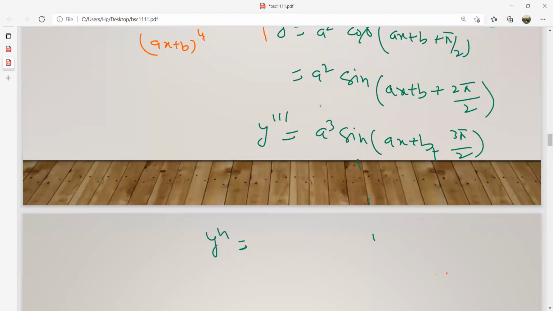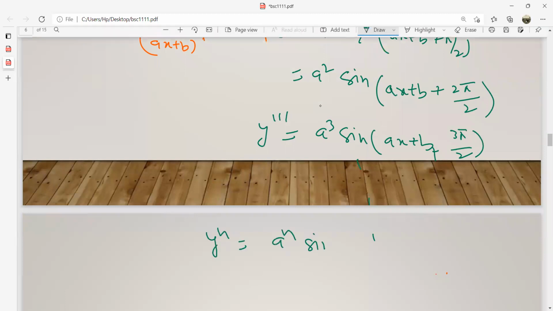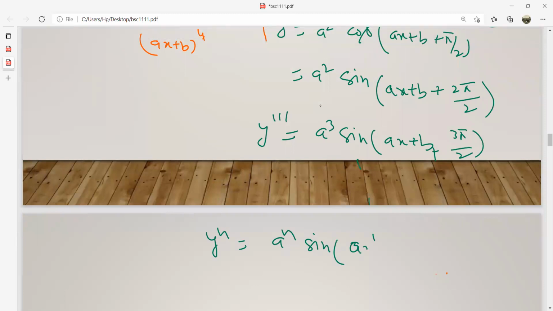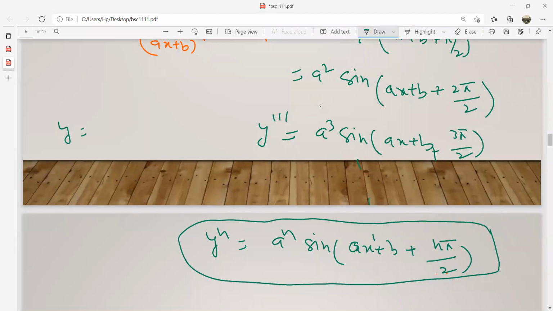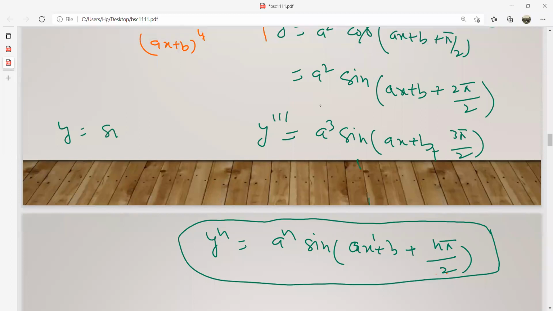Simply yn means a to the power n sine of ax plus b plus n pi by 2. This is your direct value of the expression y equal to sine of ax plus b.